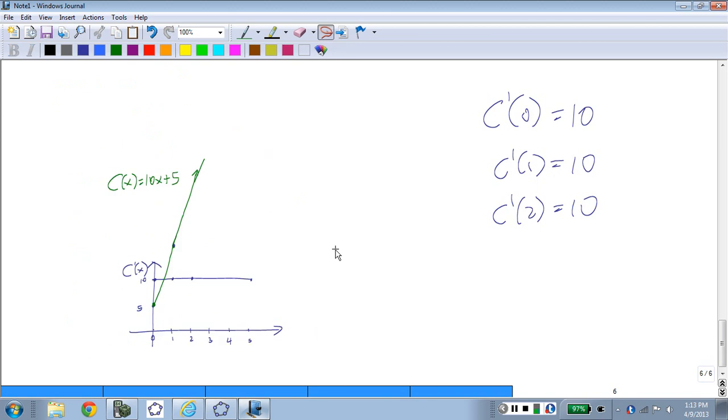Widgets 1 through 3. If I've got this cost function and it's up like this. So that's the point 3. That's the point with x coordinate of 1. That's the point with x coordinate of 2. So I think that's 1, 15. This is 2, 25. And this is 3, 35.